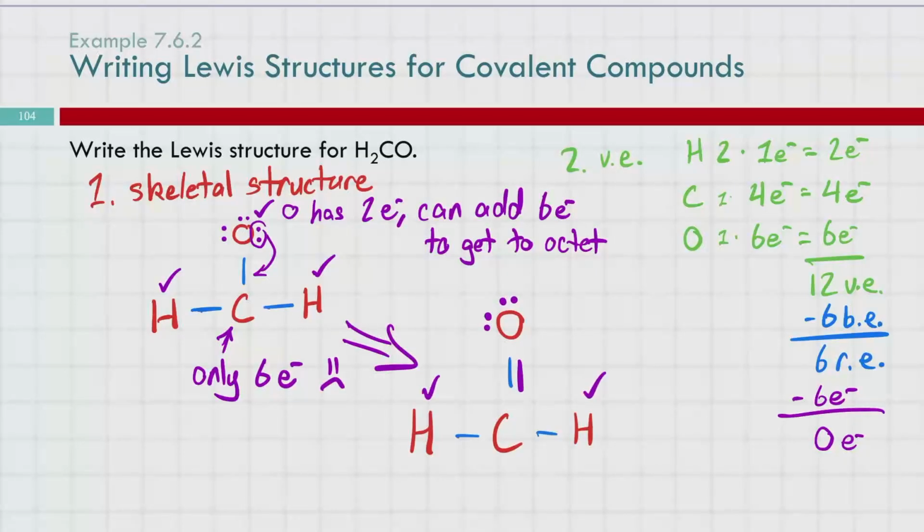We didn't do anything with our hydrogens, so our hydrogens are still good. Is our oxygen still good? Does it have 8 electrons? Yes, it does. It's got 1, 2, 3, 4 in the lone pairs, and it's got another 4 from the 2 bonds. So our oxygen is happy, and our carbon has 4 bonds, 2 between carbon and oxygen, and then the ones to the hydrogens also. And so our carbon is also happy.